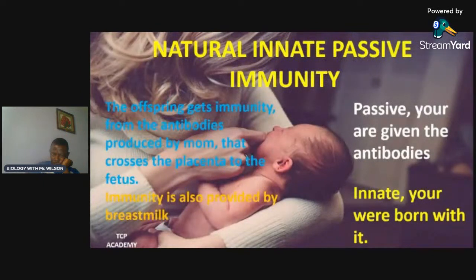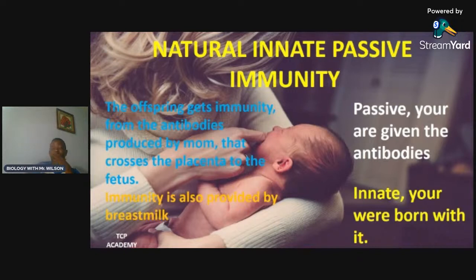Then there's also natural innate passive immunity. And let's decode.